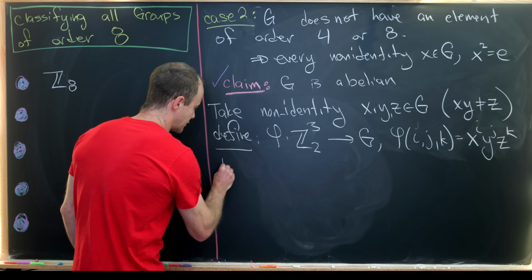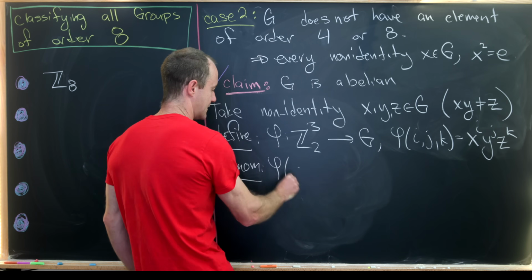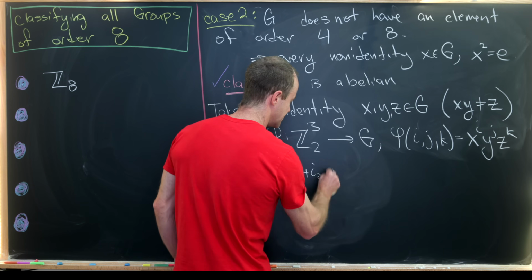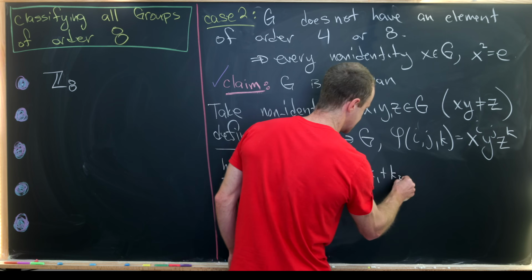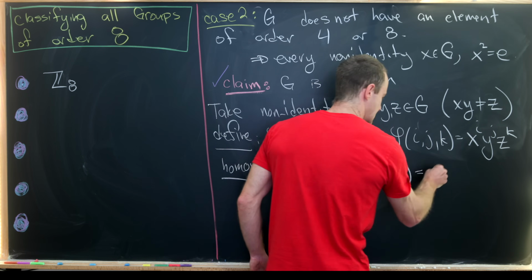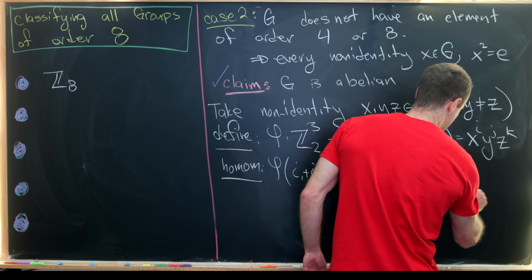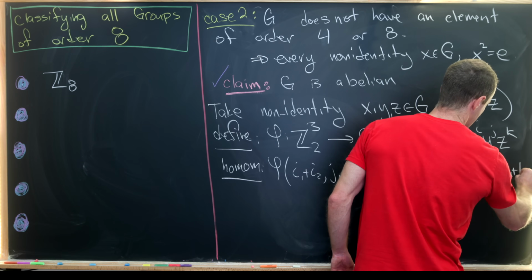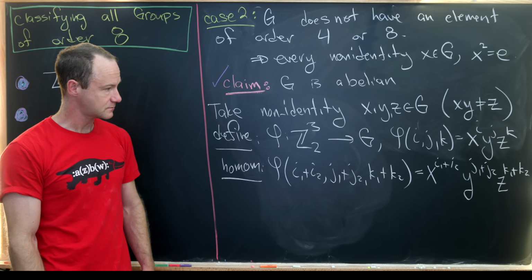Okay, so let's prove first that this is a homomorphism, and we'll do that by looking at phi of i1 plus i2, j1 plus j2, and k1 plus k2, and see if we can factor this out. So this is going to be x to the power i1 plus i2, y to the power j1 plus j2, and z to the power k1 plus k2 by the definition of our homomorphism.